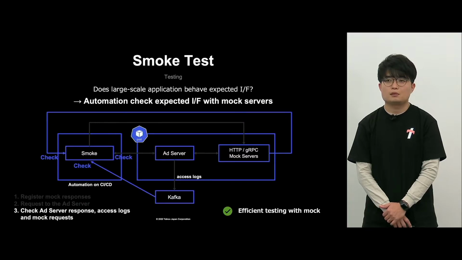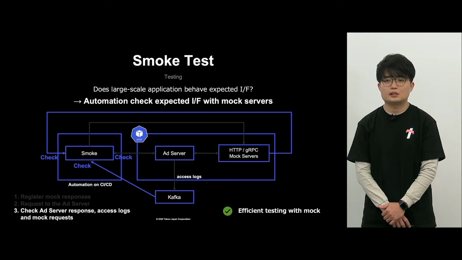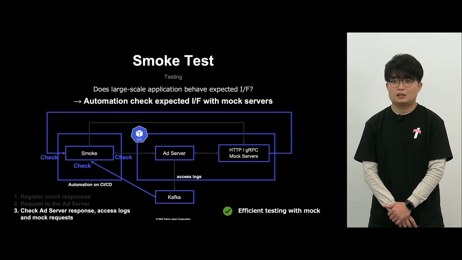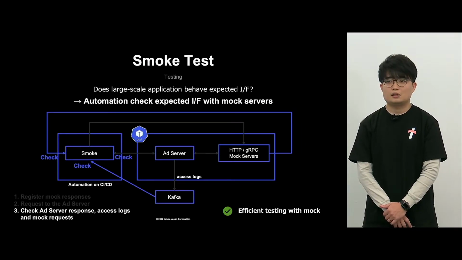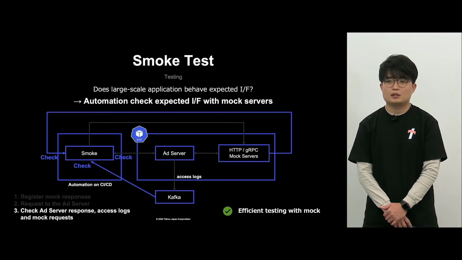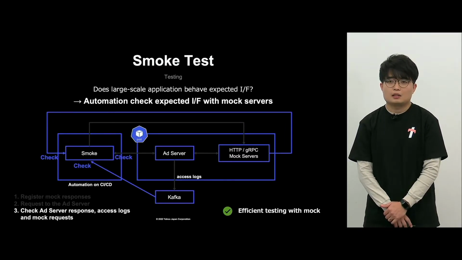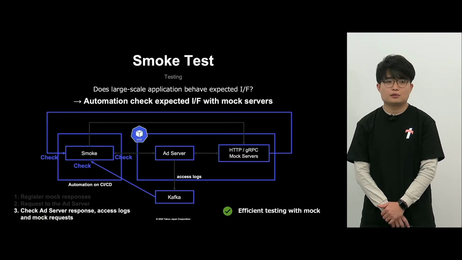The smoke test script then checks whether the add response matches what was intended in the configuration file, checks whether the access log is correct by consuming Kafka, and checks whether the request matches what is expected from the mock server.